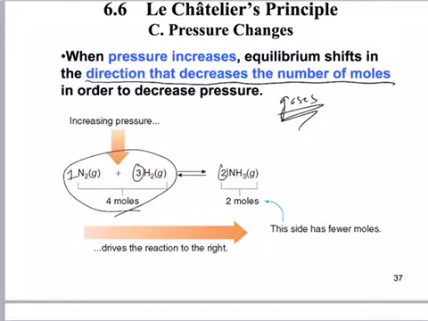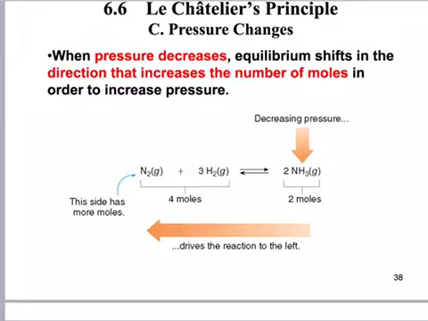On the product side, the coefficient is 2. That's 2 total moles. So increasing pressure drives you to the least number of moles. In this case, it drives the reaction to the right. If pressure decreases, then you're going to shift to the side with more moles. So if I decrease the pressure, the side with more moles is the reactant side, and it drives it to the left.